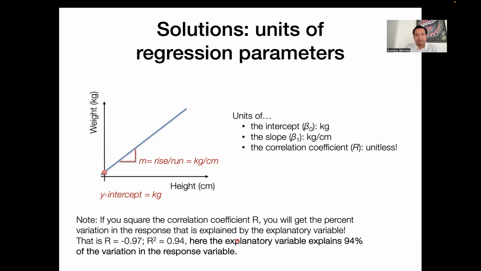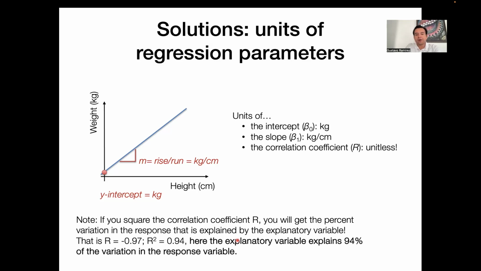Okay. Similarly, the y-intercept is just where the line touches the y-axis, and at the y-intercept, x is 0. So you're only considering the units of y. In that case, that would be kilograms. So again, our y-intercept would be kilograms, and the correlation coefficient would actually be unitless.